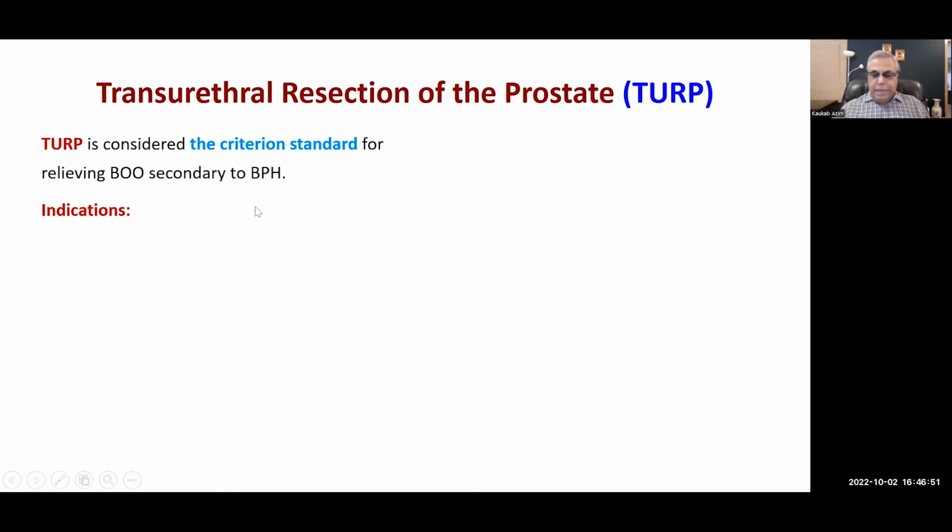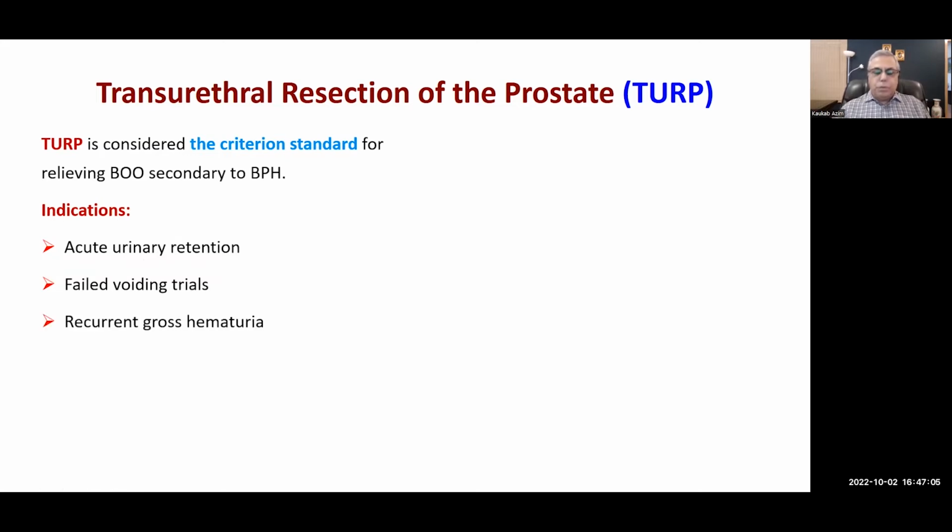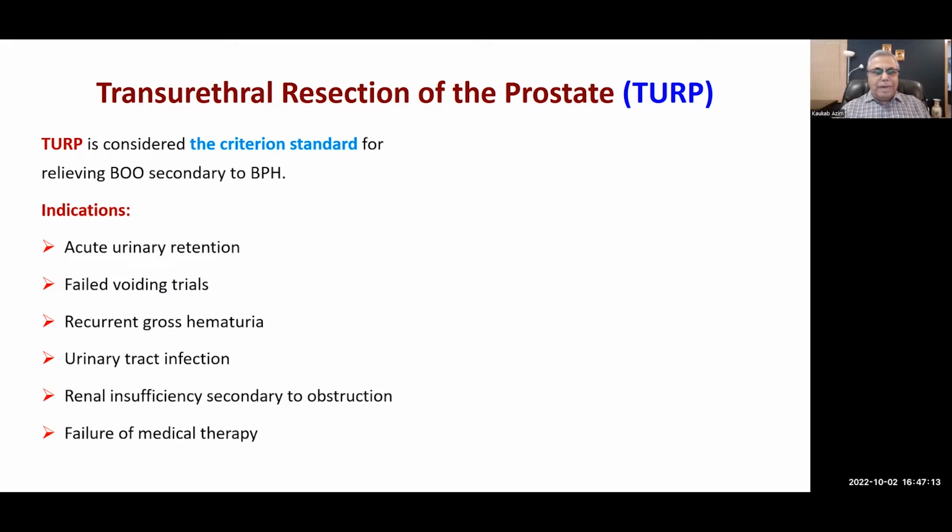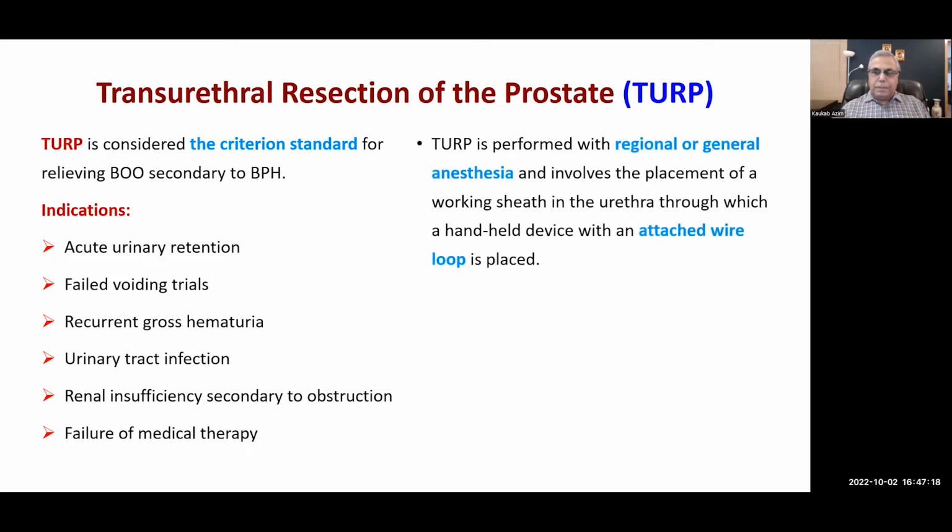In other words, indications for this are acute urinary retention, failed voiding trials, which again means urinary retention or improvement in the post-residual volume, recurrent gross hematuria, urinary tract infections, renal insufficiency secondary to obstruction, and failure of medical therapy. After this, we try this option, okay?